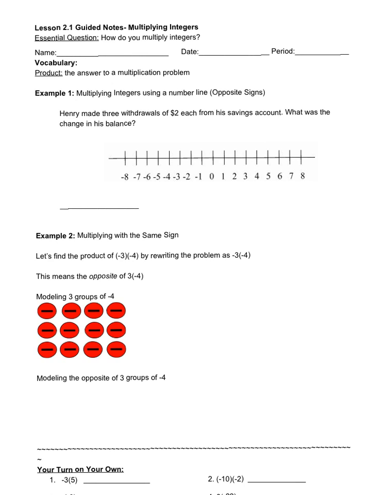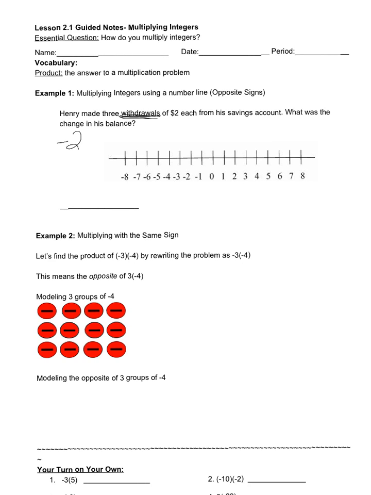So now when I read this, I see the keyword withdrawals, which makes me think that I'm going to be dealing with a negative number, and that number is going to be 2 because he's withdrawing $2. So this is kind of a key piece of information. Another key piece of information is that he did this 3 times.